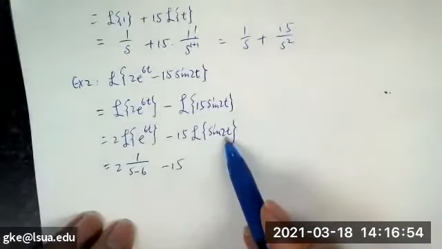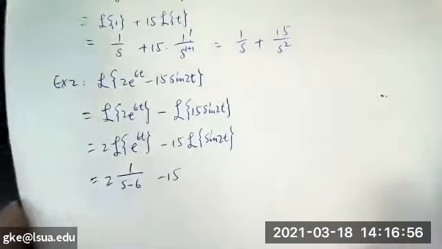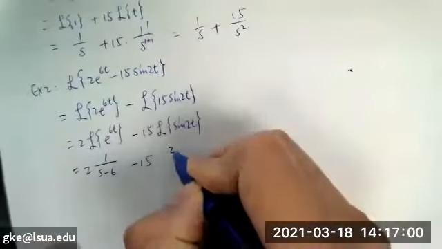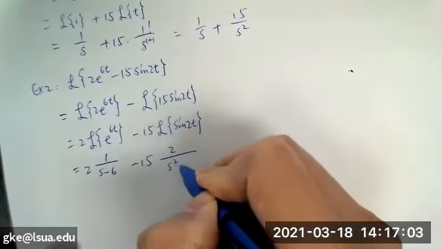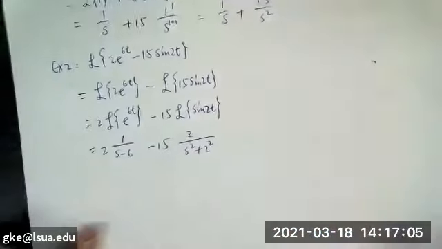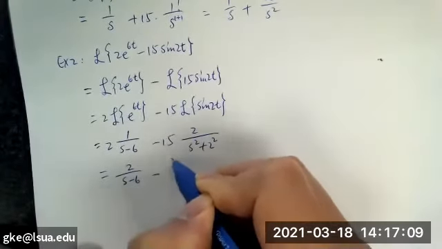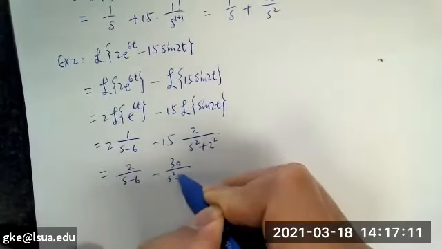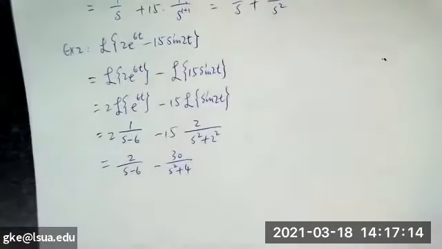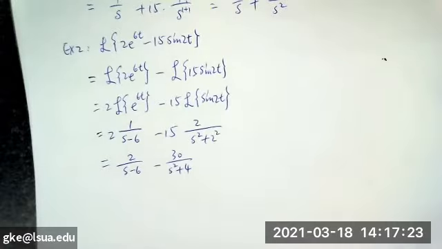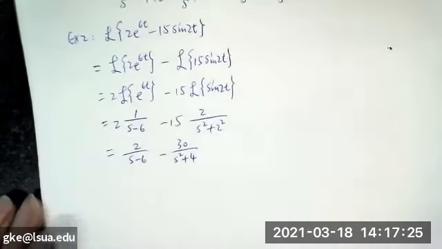And this one is formula k, where k is 2. And again, we can see that's the answer. Okay. Now let's take a look at the last example.